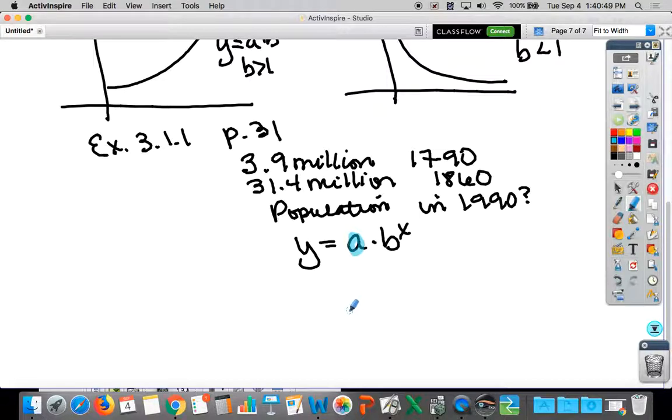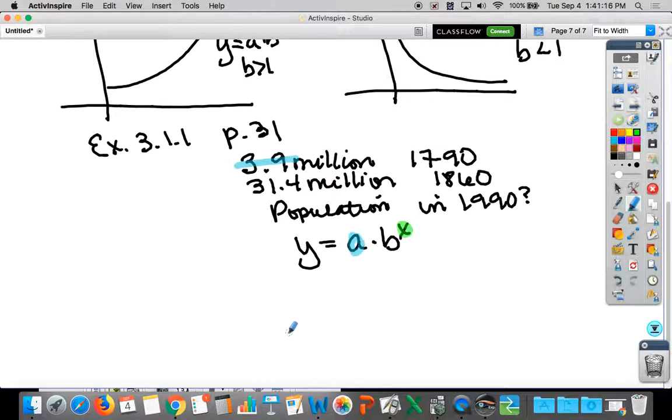What was the first value? 3.9. And now, since both of these are in millions, I can just leave that as 3.9. Okay? Now, the next thing that they gave you is 1790, 31.4 million in 1860. So, what does the X represent?